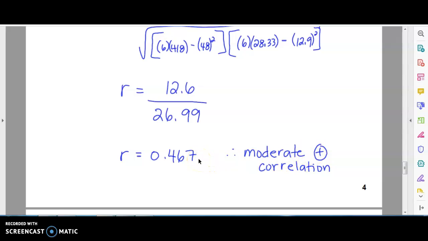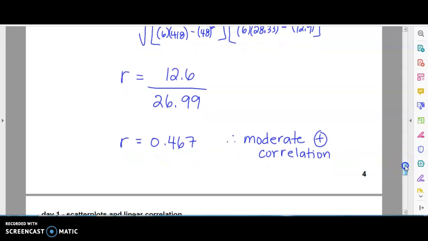Because it's between 1/3 and 2/3, or between 0.33 and 0.67, it's considered a moderate correlation. The graph showed us that, but to get a more concrete number and interpretation, we get this correlation coefficient, and that tells us that we have a moderate positive correlation.